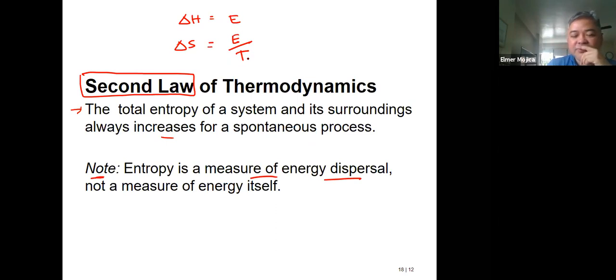So not time, temperature. My bad. So that's one of the differences of entropy from enthalpy. Enthalpy, they're always in joules. But your delta S is always in joules per degree Celsius. It's a measure of the energy dispersal.